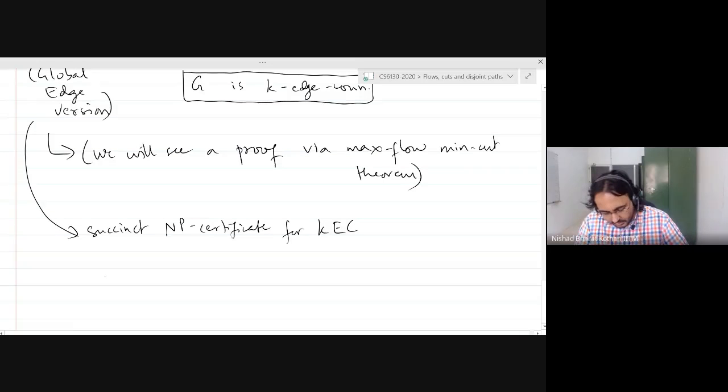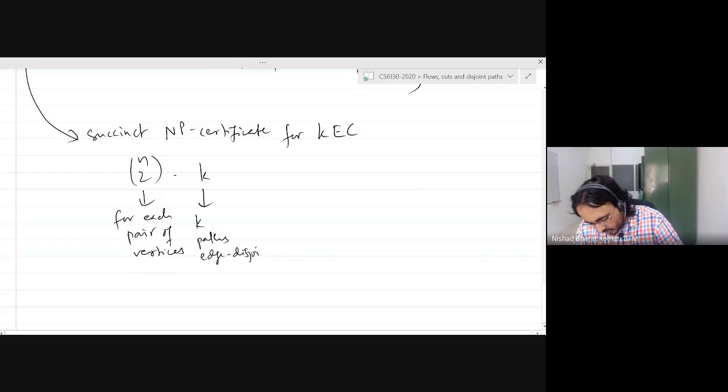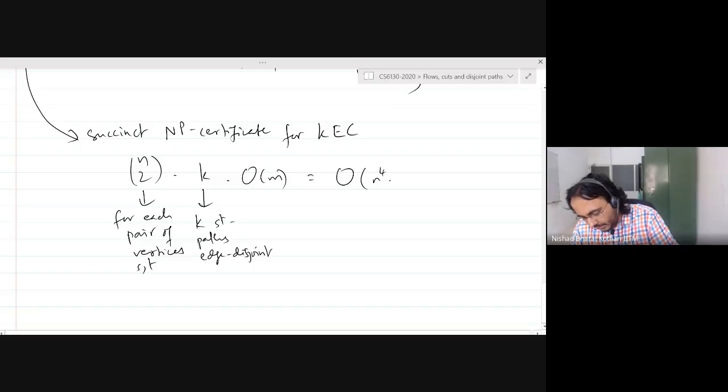What you do is, for each pair of vertices, n choose 2, you give the person k edge disjoint paths. And each path is how big? Well, it is at most the number of edges, right? And so you now have something that is roughly order n to the power 4 times k.